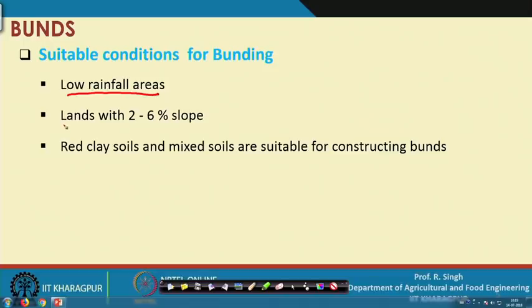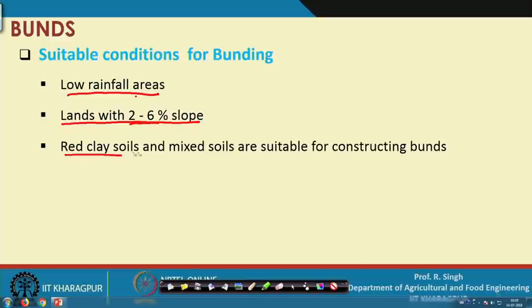So, that is why they are always preferred in low rainfall areas, and also the land slope has to be within 2 to 6% slope. So, these are the two limiting cases: bunding is preferred in low rainfall areas and for land slopes limited to 2 to 6%.